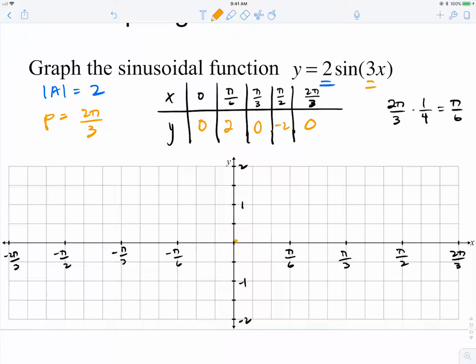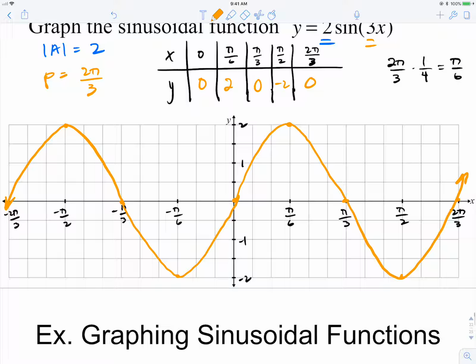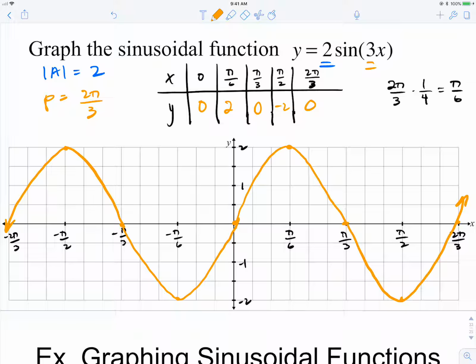It's super important how you label your graphs, because otherwise it would be hard to tell that this is sine vertically stretched by 2 and horizontally compressed by a factor of 3. So you graph one period and then you can extend the graph however far you need to.